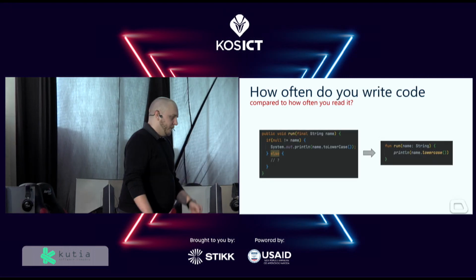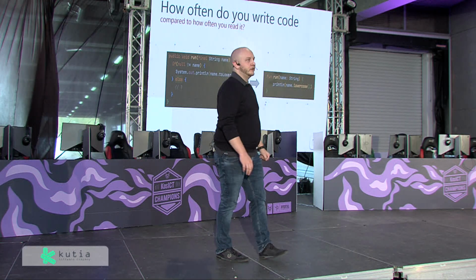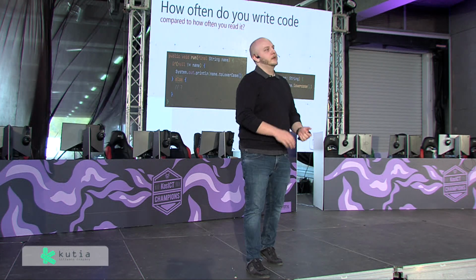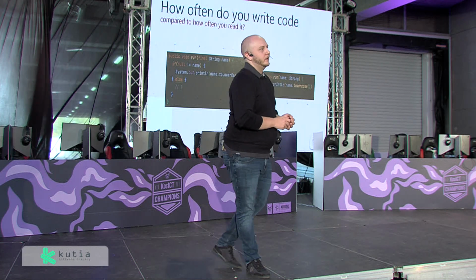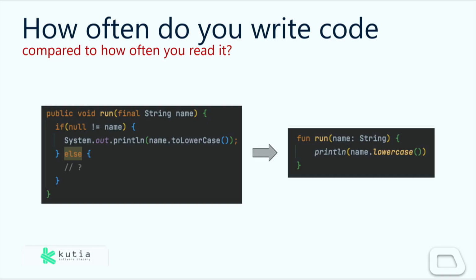And another important point is how often you write code compared to how often you read it. So it goes in the same direction: readability will be better and length will be shorter. Because if I have to read the left side, for example, I use the same example we had before, I have to read all these lines, I have to understand what the code is doing, and on the right side it's just a single line.